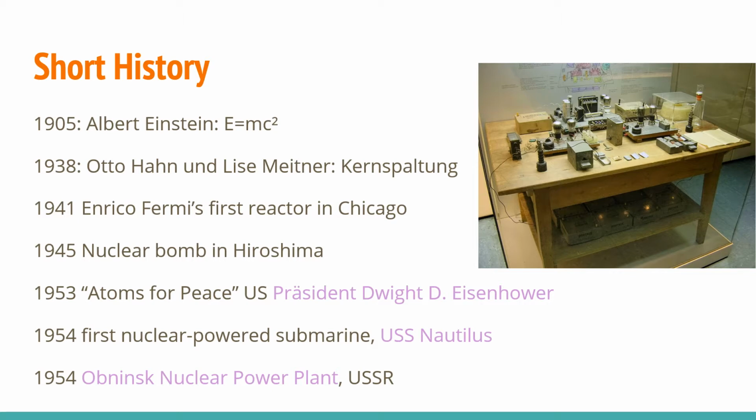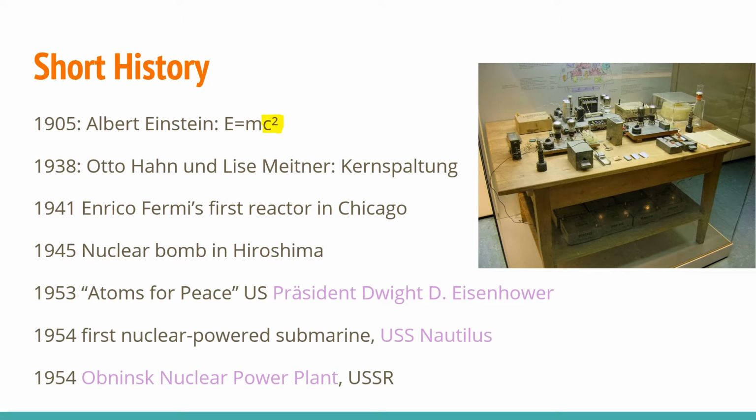Let's start with a short history. In the year 1905, Albert Einstein found the famous equation E equals mc squared. That means that mass and energy are in some way the same. And you see, in this equation, there is the c squared.